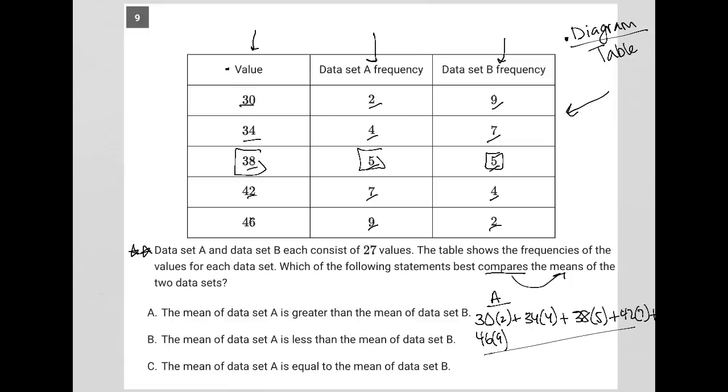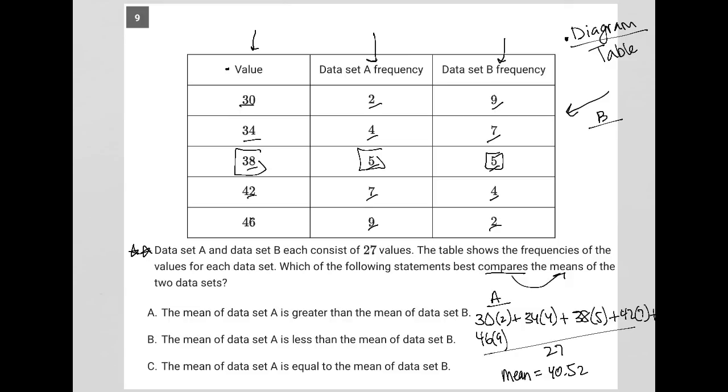I divide all that by 27. I go to my calculator. I type it in, basically just as I just did. And what I am finding for the answer here is that the mean is equal to 40.52, basically.